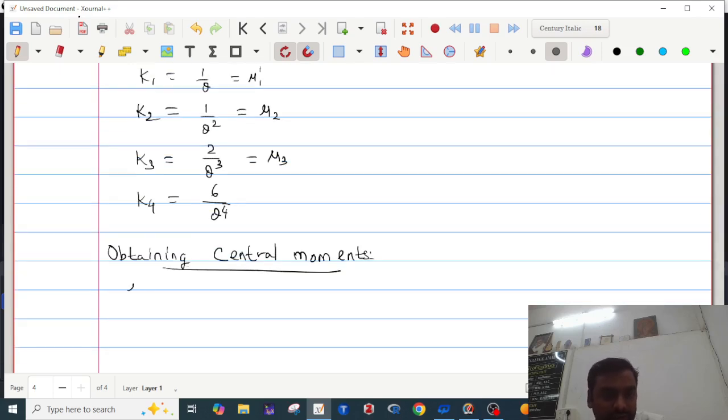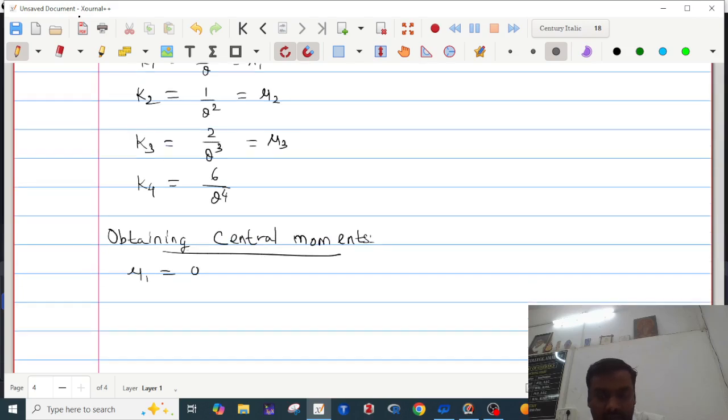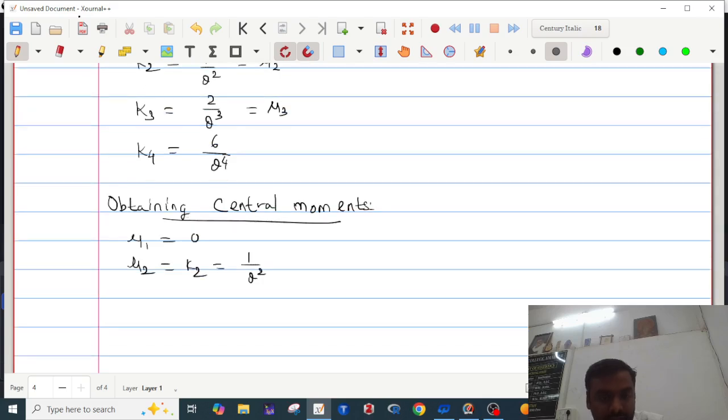So mu1 is always 0, mu2 is nothing but k2, which is 1 upon theta square. Mu3 is equal to k3, which is 2 upon theta cube.